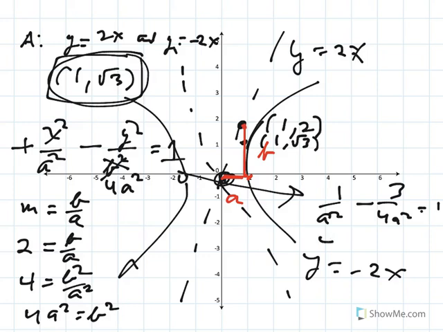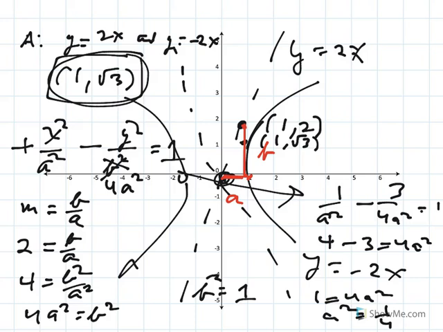Multiply both sides by 4a squared. Get 4 minus 3 equals 4a squared, or 1 equals 4a squared, or a squared equals 1/4. And while I'm at it, b squared is equal to 4a squared, so b squared equals 1. And I can go ahead and replace this with a 1 and this with a 1/4. Or if you really like, you could bring this 4 up to make it 4x, either way.